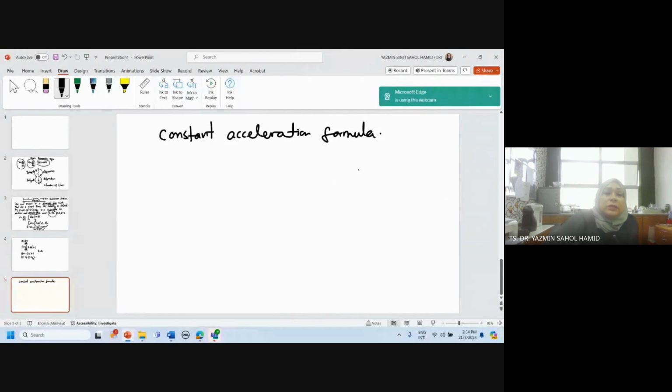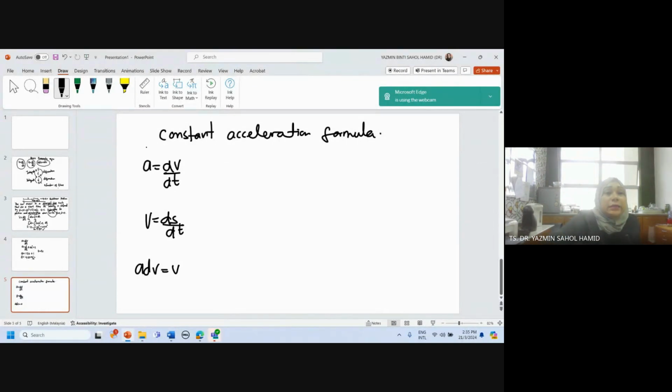So from the basic equations, we are going to come up with a new equation. The basic, just now, we have three equations: a equals dv over dt, v equals ds over dt, and the other one is a ds equals v dv.